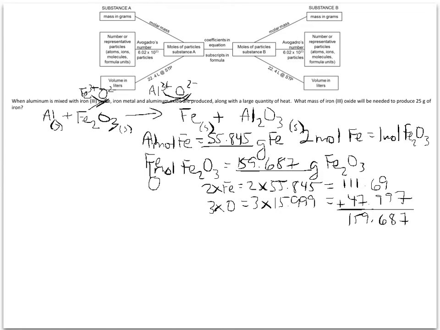So now we have our 3 equivalent statements: moles to grams to get out of the grams of iron and into moles, and then moles of iron into moles of iron 3 oxide, and then moles of iron 3 oxide into grams of iron 3 oxide. So at this point we're ready to do our equation.